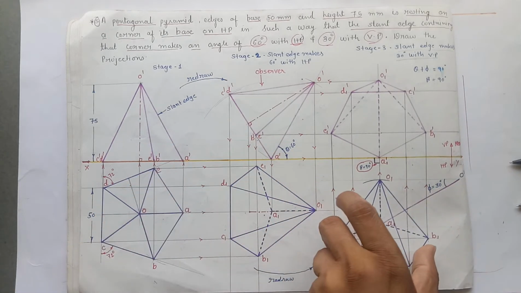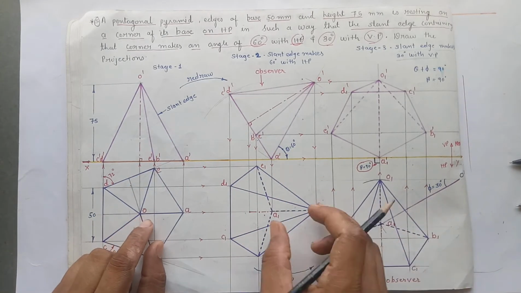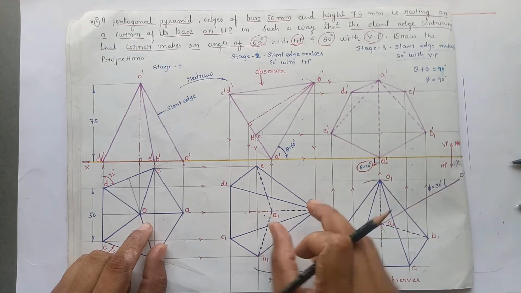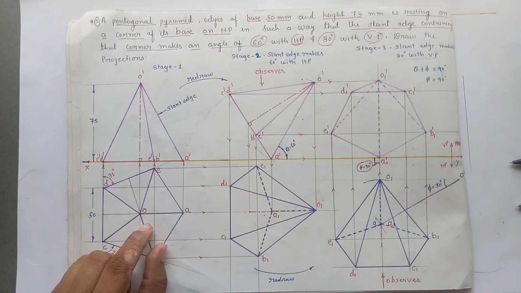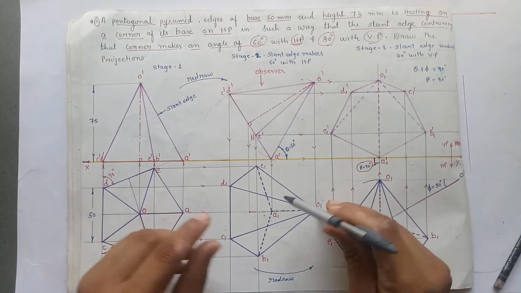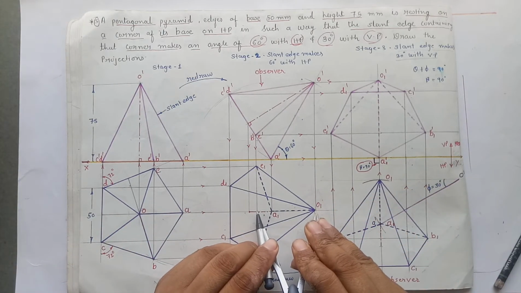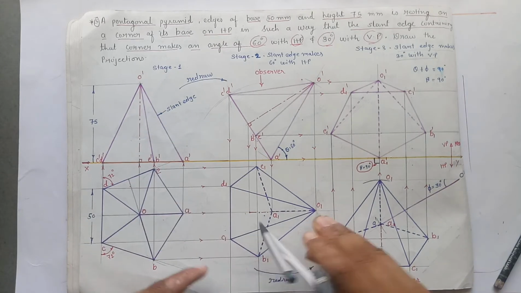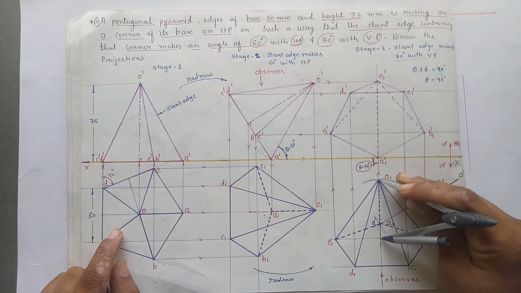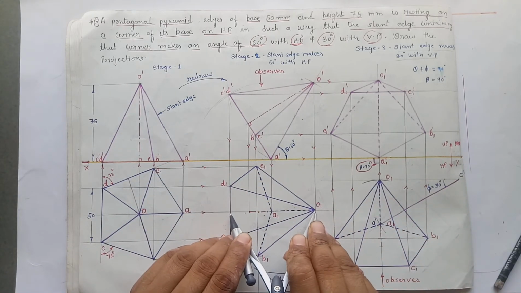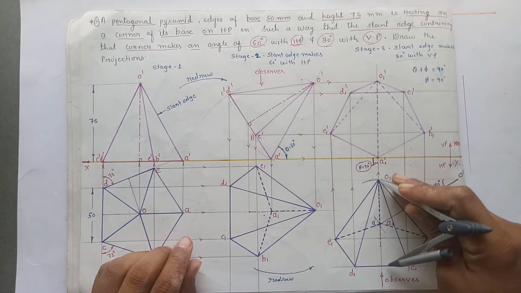Now copy this figure over here, as we have already marked O1 A1. With reference to O1 A1, copy this figure over here. Now how can we copy this figure? First of all, mark this point of this projector EB. Mark this point over here, mark this point over here.